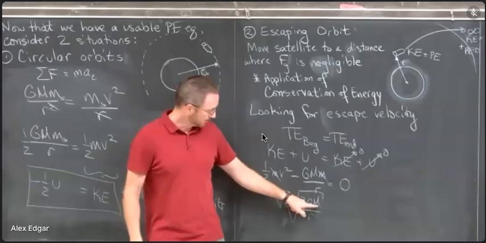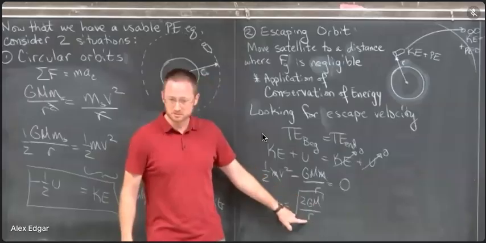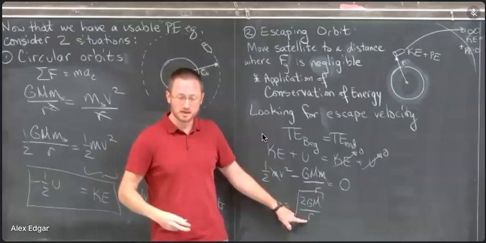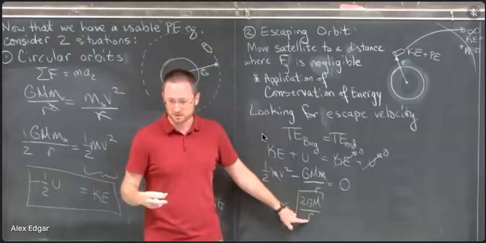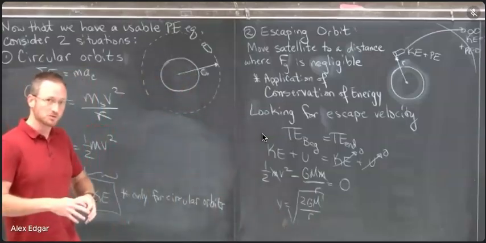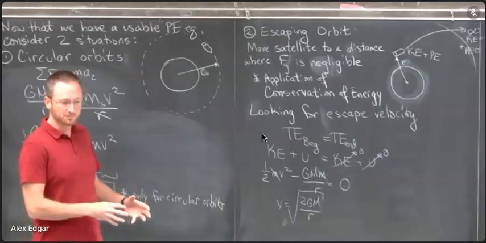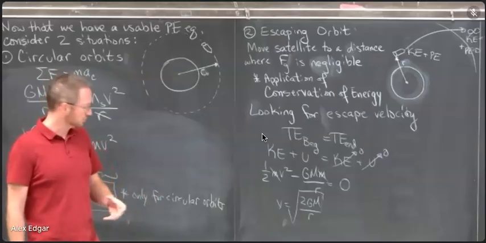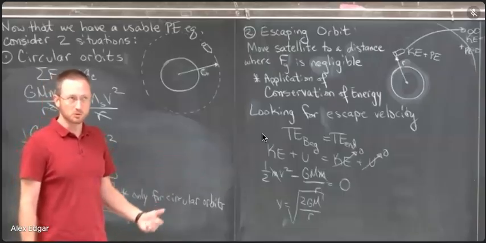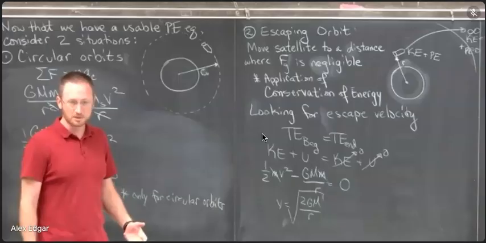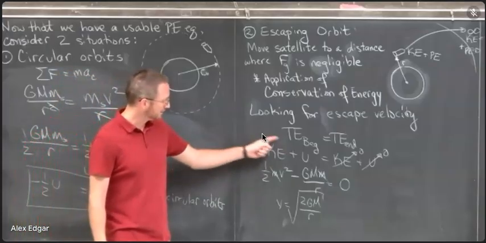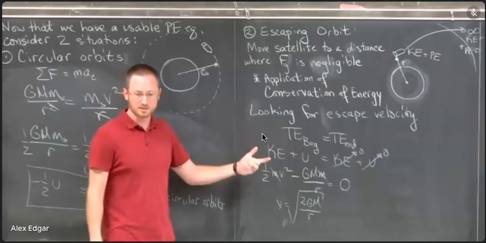So the Earth has one particular escape velocity associated with it, and then the Moon, which has a different mass and radius, has its own escape velocity because of the Moon's mass and radius. And one of the homework problems will be to calculate the escape velocity for various planets and moons in our solar system and come up with a number for each, and then compare how much energy you had to have at the beginning in order to reach that escape velocity.